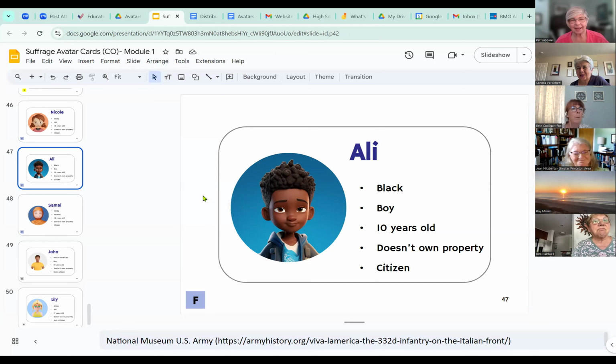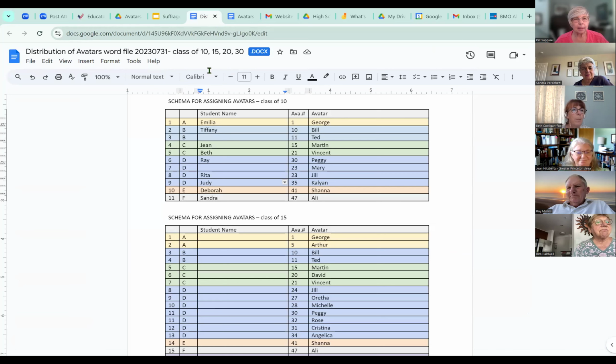Because the names wouldn't match the characters, and because there are different periods of time that different groups get the right to vote. But that's a good question. I did put numbers on them. Oh, and I do have the numbers here. Okay, I could have used the numbers. I wasn't thinking.